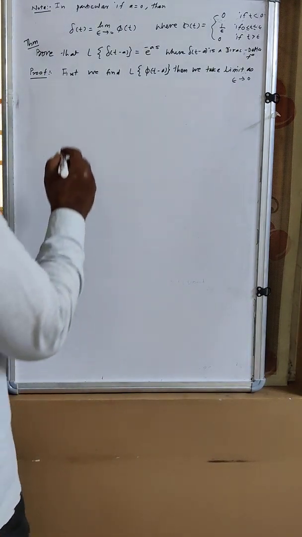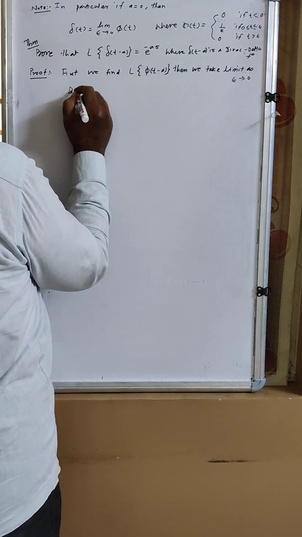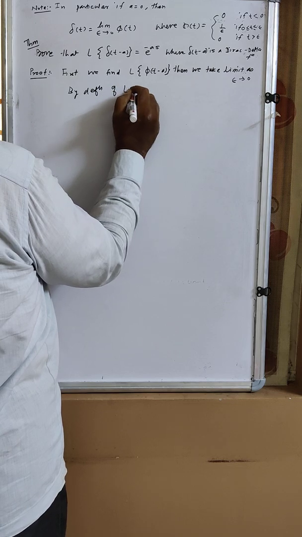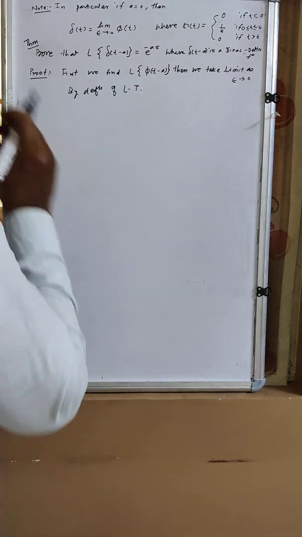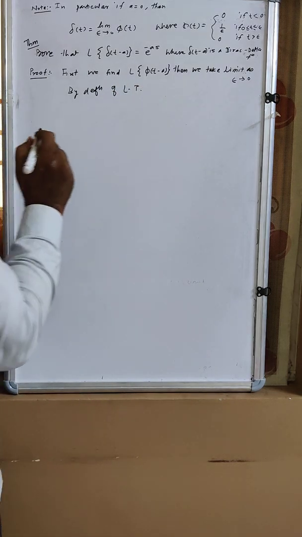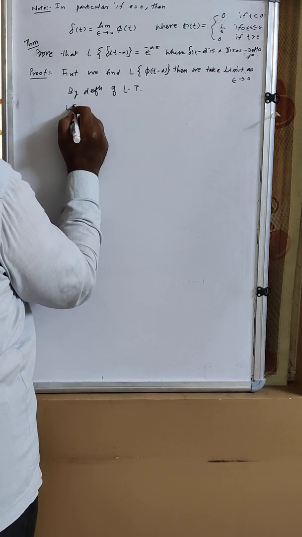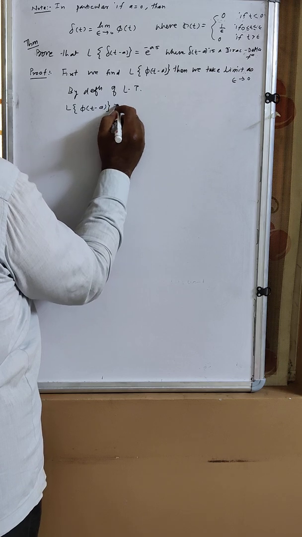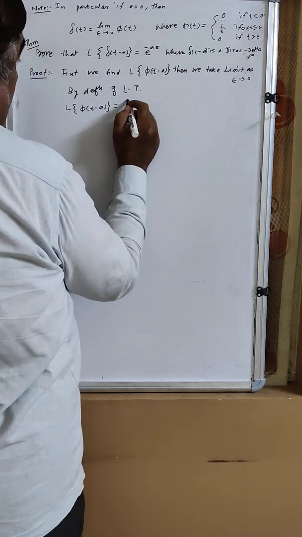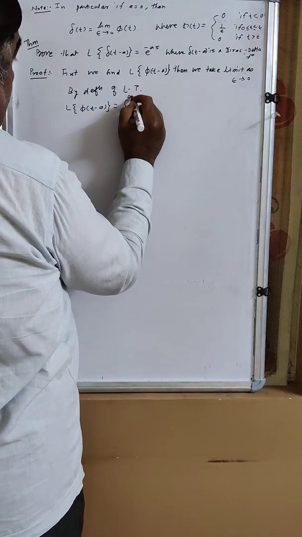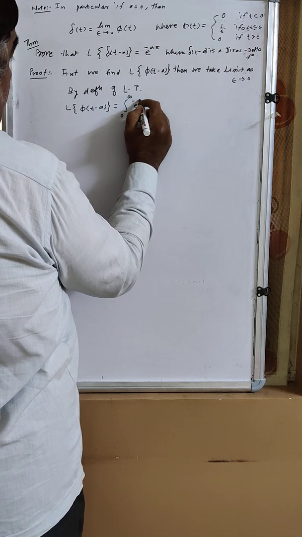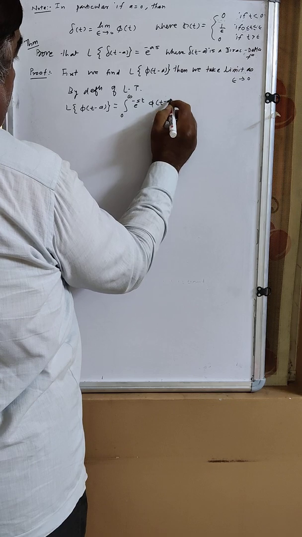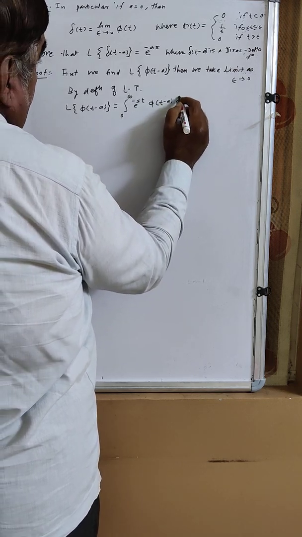By the definition of Laplace transformation, Laplace of phi of t minus a is equal to the integral from 0 to infinity of e raised to minus st phi of t minus a dt.